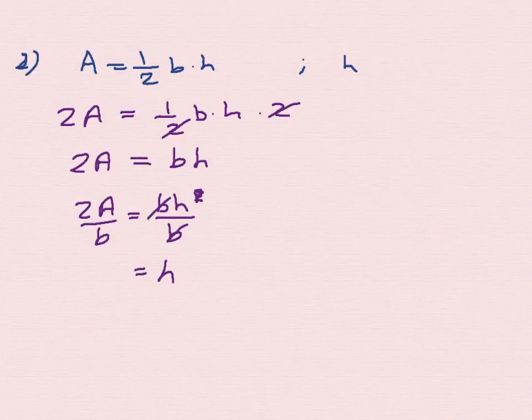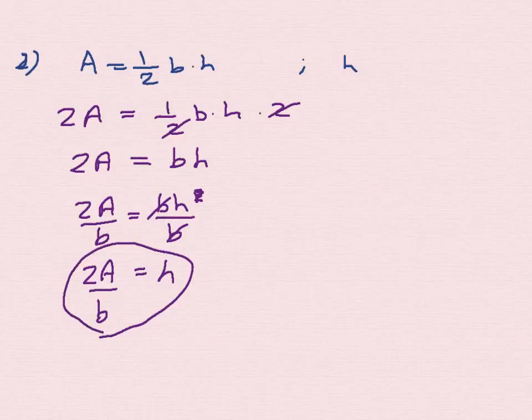So the height, or the altitude of a triangle, can be found if you know both the area and the base of a triangle. To rearrange, that was pretty straightforward. To put numbers in and solve the question, you have to be given stuff. So say you want to find the height of a triangle.